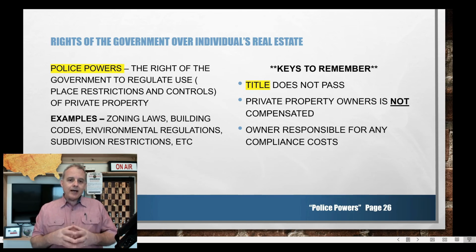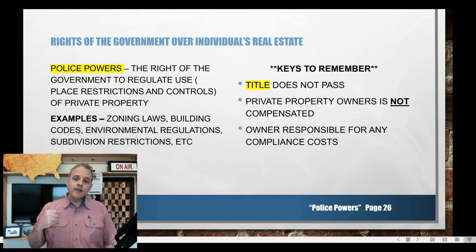So police powers is a doctrine that gives the government the right to use or regulate your personal property, your real property, but title does not pass, and the property owner is not compensated, and many times the owners have no control over it, and the owner is responsible for compliance costs or any ramifications of that regulation that the government imposes. So for example, common ones are zoning laws, building codes, environmental regulations, subdivision restrictions, those type of things.